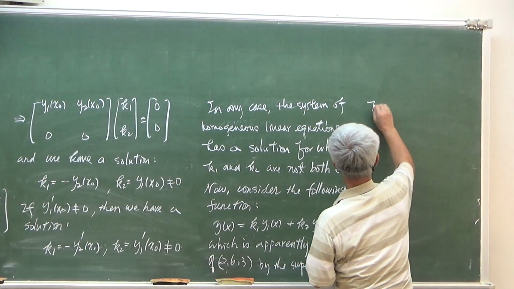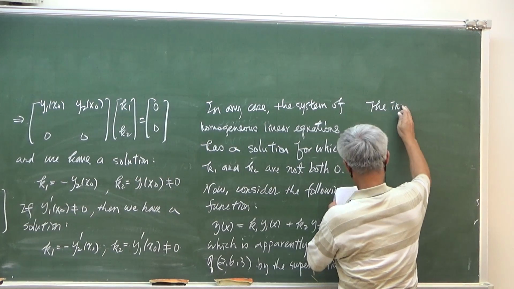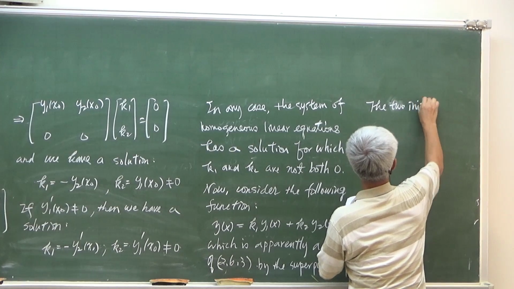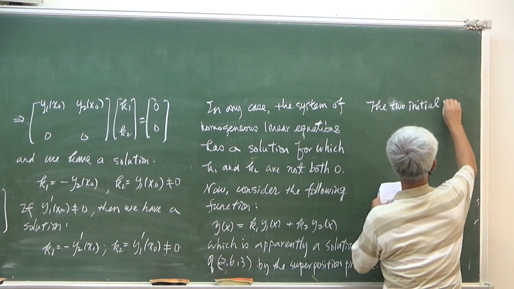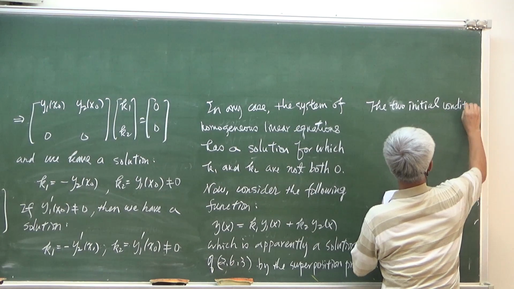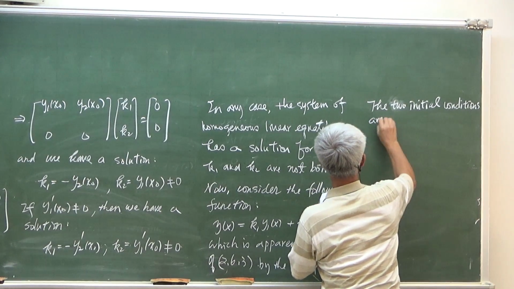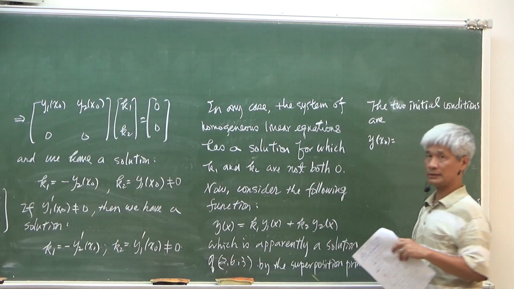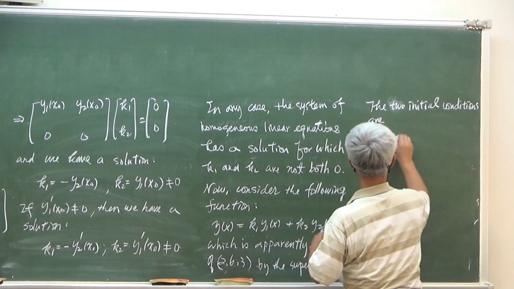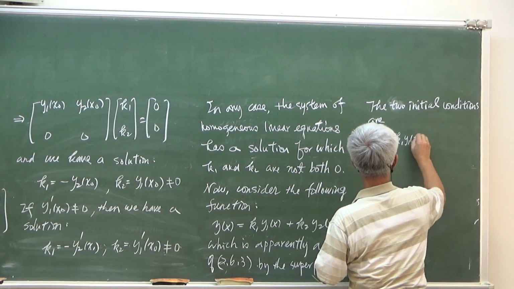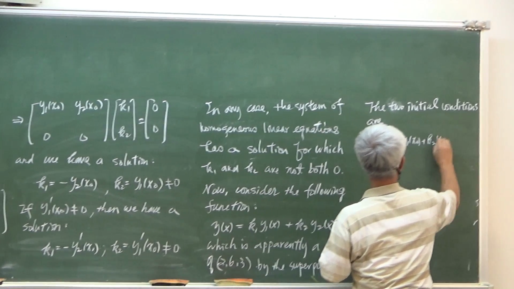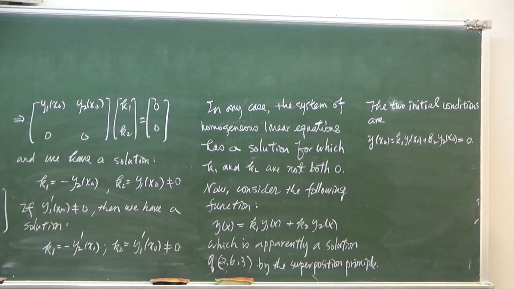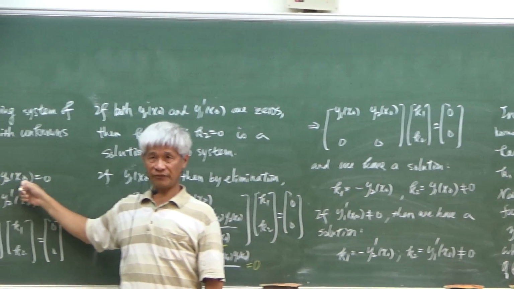Now, we have two initial conditions. The two initial conditions are y of x0. What is y of x0? y of x0 is k1 y1 x0 plus k2 y2 x0, which is 0, because we deliberately ask for that, right?